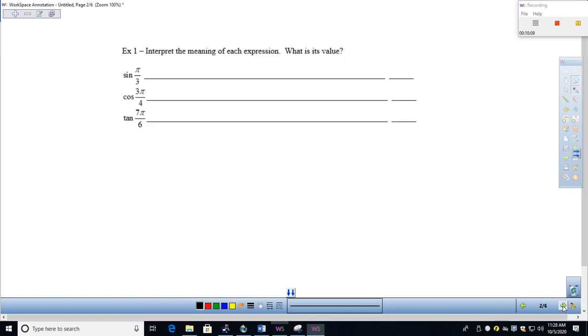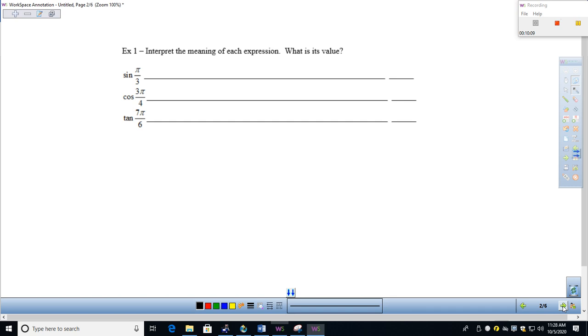And it's not just a matter of can you tell me what the sine of pi over 3 is, because at this stage you should be able to tell me the sine of pi over 3. But what does it mean at the end of the day? Not just, oh, I memorized it from the unit circle, but really what does it mean?